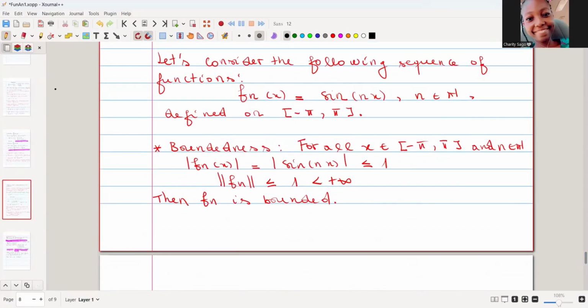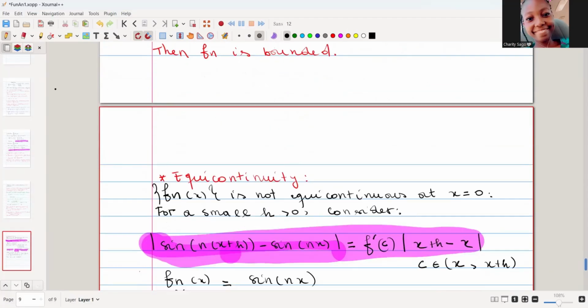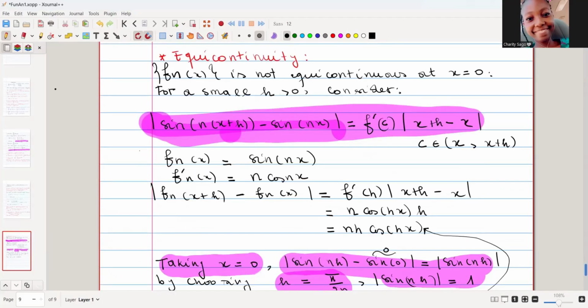So the boundedness was true. But after the boundedness, we were supposed also to check the equicontinuity. And we noticed that one of the hypotheses is not verified, and this hypothesis is the equicontinuity. Yeah, I understand maybe it's not very easy to understand.